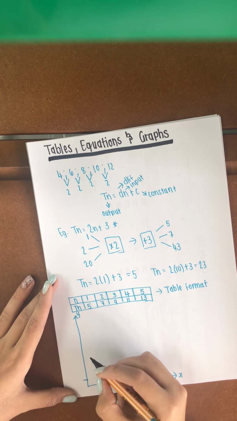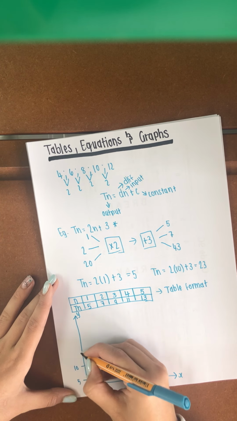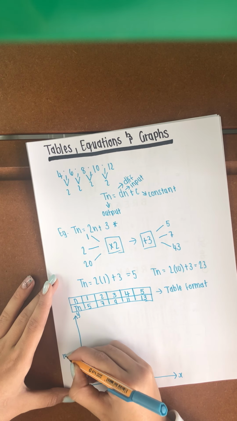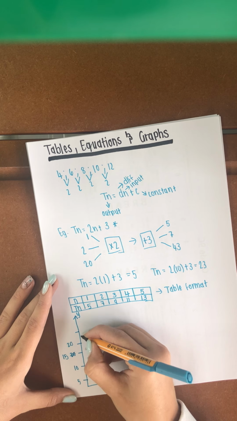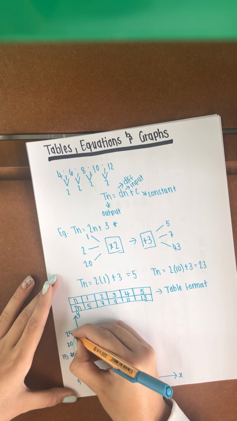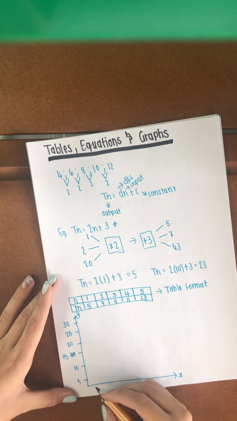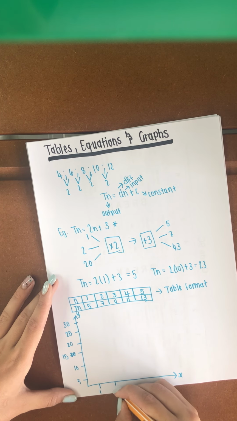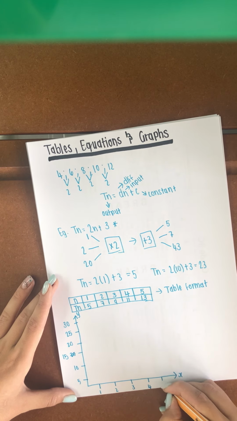My output values, let's go up in 5: 5, 10, 15, 20, 30, and obviously there needs to be the same distance between them, but I won't do that now. Then I've got my input values: 1, 2, 3, 4, 5.